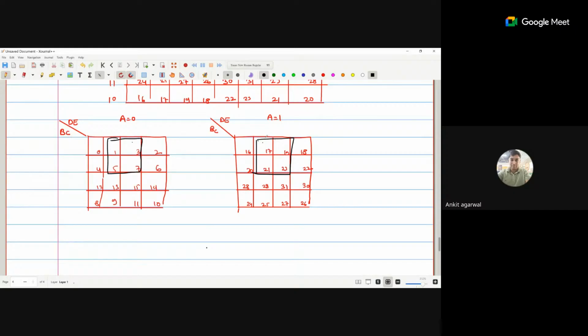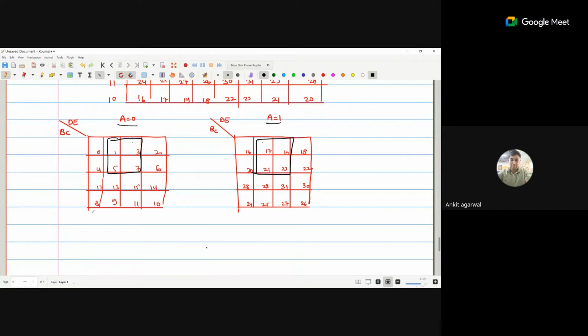When we take the two matrices and overlap them onto each other, it becomes a three-dimensional group. The advantage is that the value of A changes, so we do not consider A, only the values of B and C are considered.